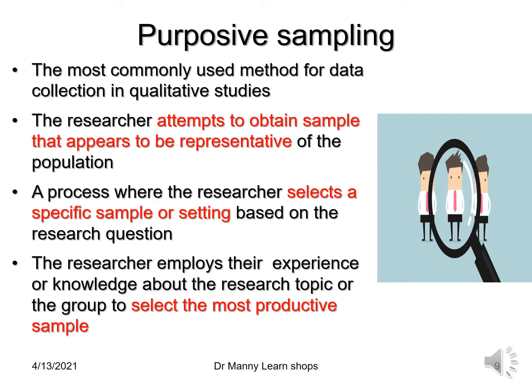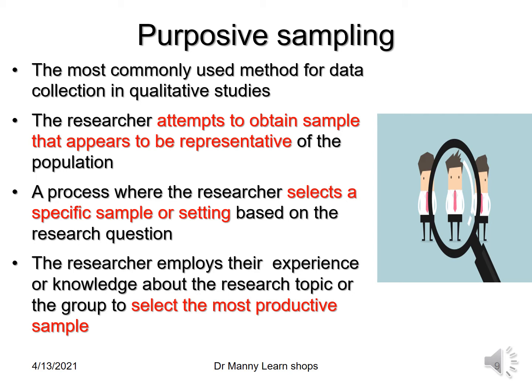Okay, let's review purposive sampling. Purposive sampling is the most commonly used method for data collection in qualitative studies. This is where the researcher, you, attempts to obtain a sample that appears to be representative of the population. It's a process where the researcher selects a specific sample or a setting based on the research question. You decide who you're going to sample.